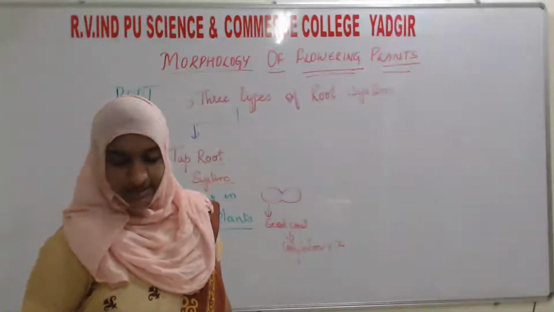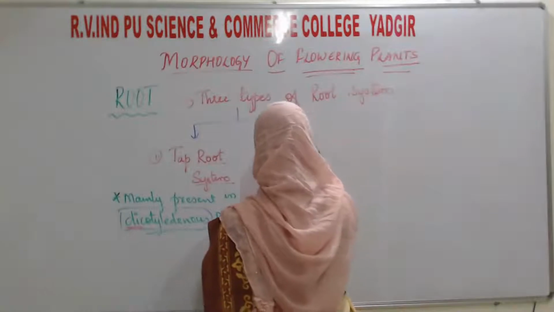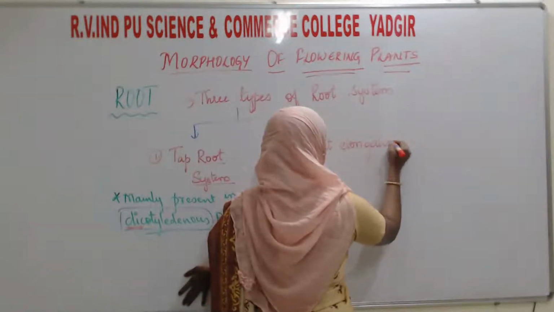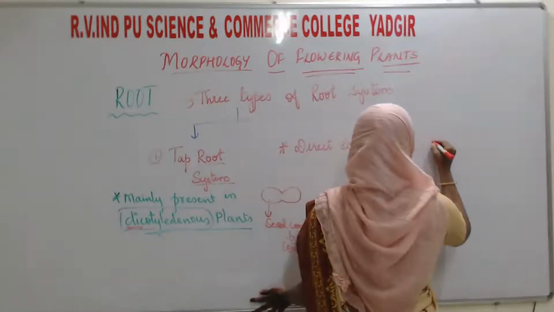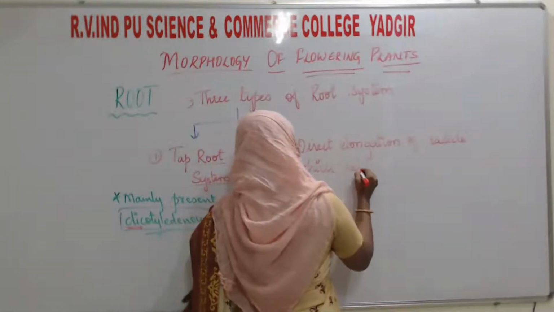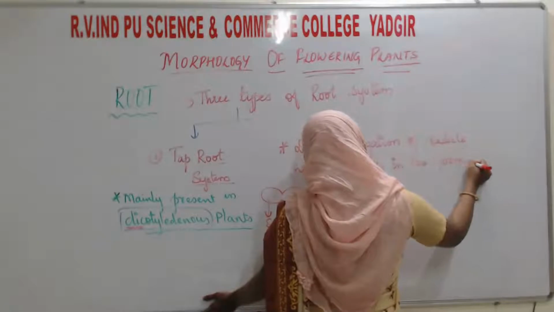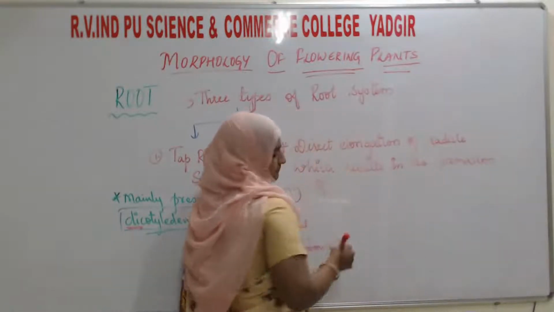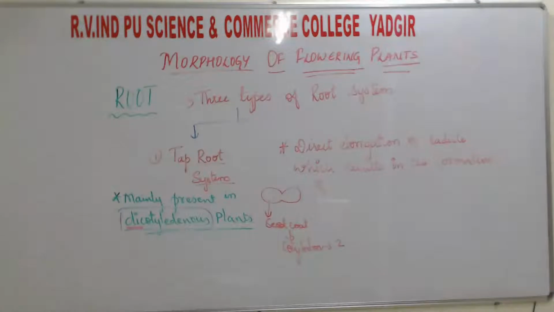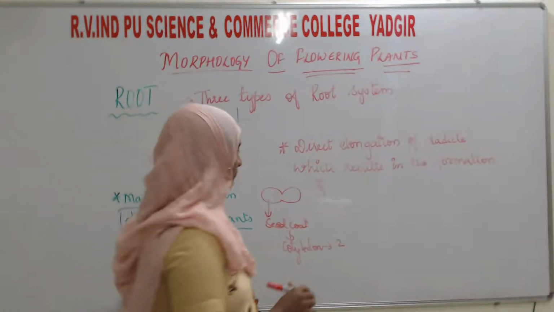Second point, there is a direct elongation of radicle, which results in the formation of primary root.